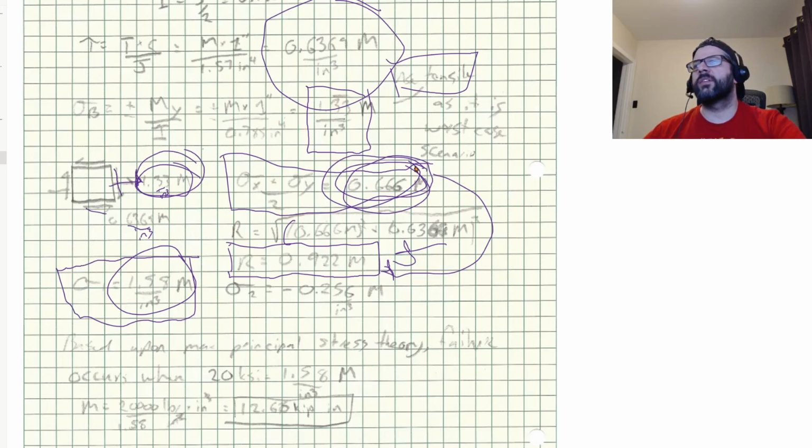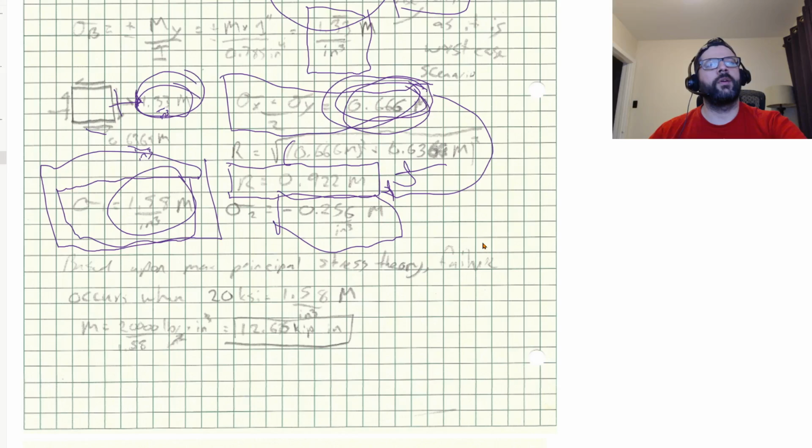Basing this upon the maximum principal stress theory, the first one is the largest, so failure occurs when 20 ksi is equal to that. Solving for M, that ends up being 12.66 kip inches.